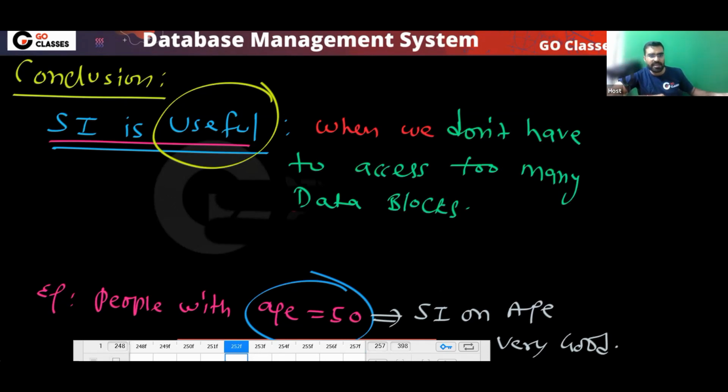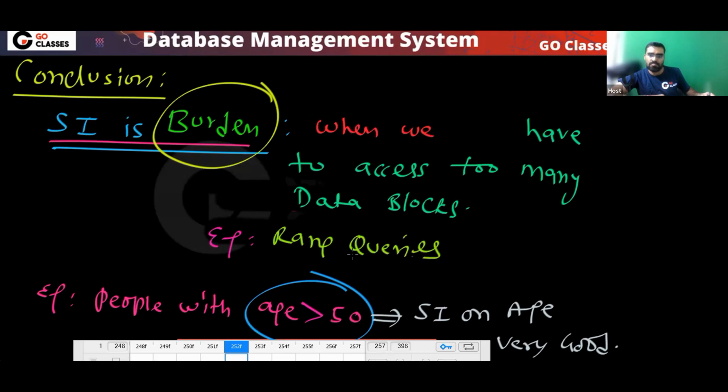And when is the secondary index a burden? When we have to access too many data blocks. An example is this type of query: range queries. Range queries are the example.